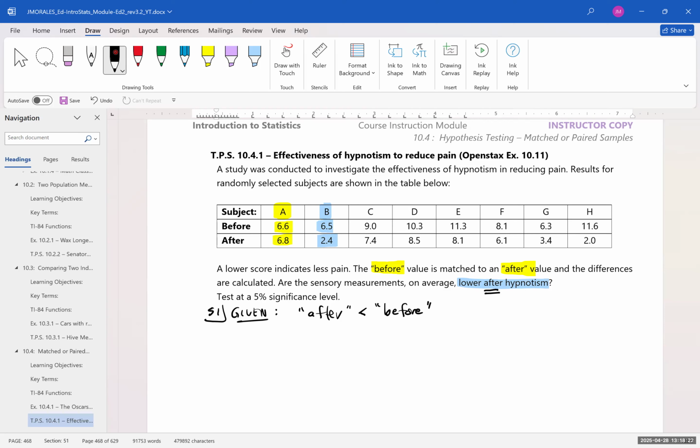So what we want to look at is maybe the mean of the after score being less than the mean of the before score. Now let's do a little bit of algebra. So we have it in this form. Okay, that's our original claim. We'll need this for the Texas Instruments, all right?